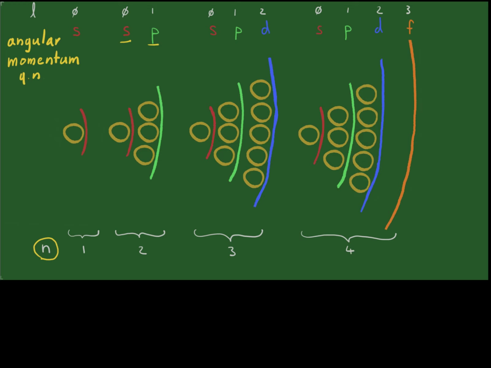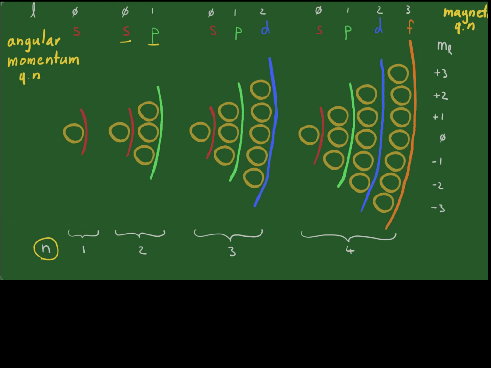Within each d subshell we have 5 orbitals, and within each f subshell there are 7 orbitals. The orbitals themselves have a quantum number assigned to them as well, and this is known as the ML value, or the magnetic quantum number.